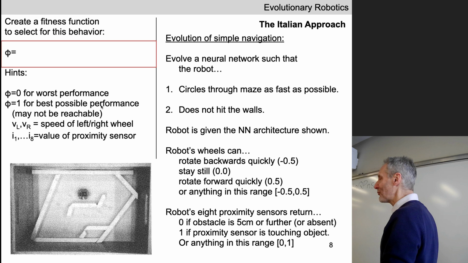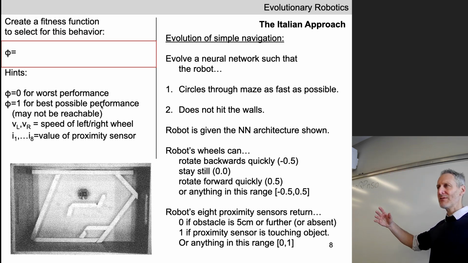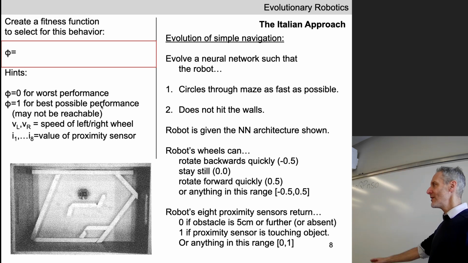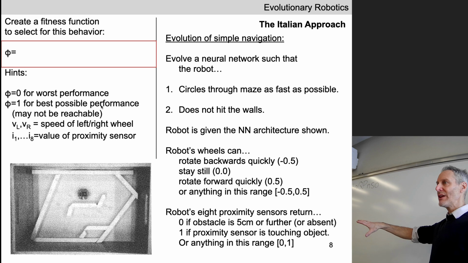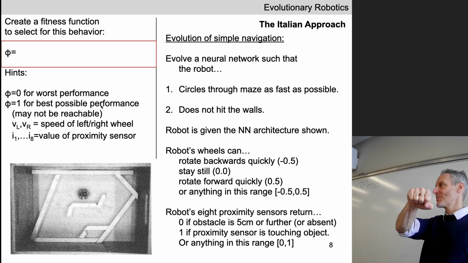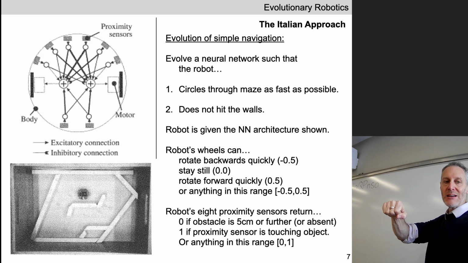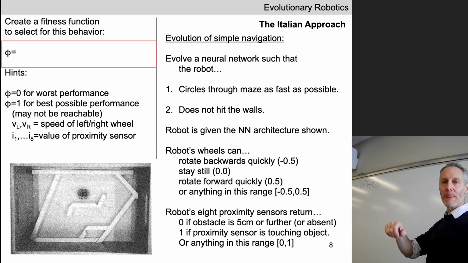This can often be confusing when we start talking about sensor values and motor values. They're being computed within the neural network, but they might also be used by the evolutionary algorithm to compute the performance of the behavior of any given neural network operating inside the robot. So far, so good? Okay, have at it.